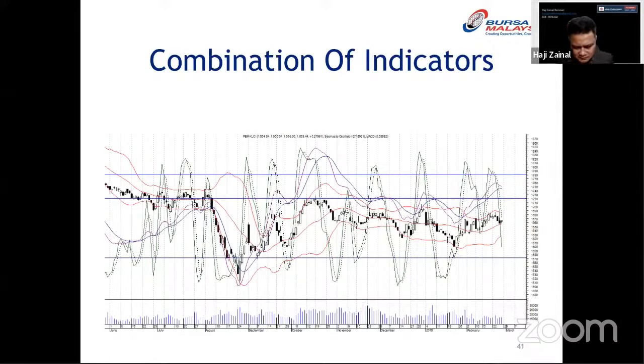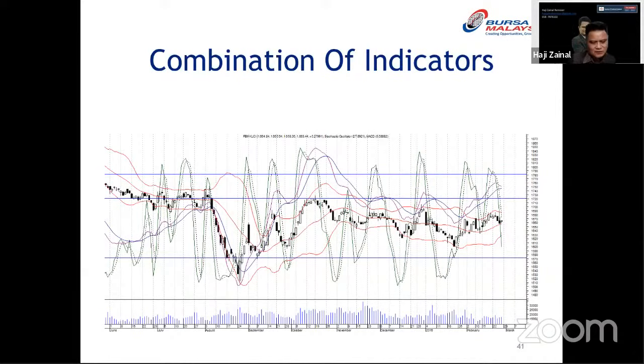Because when you do trading, especially short-term trading, short-term here does not mean intraday. It means a trade of about 10 to 15 days. So I need to see everything on one screen. Some people use multiple screens, but I prefer to have just one screen where I can see everything.